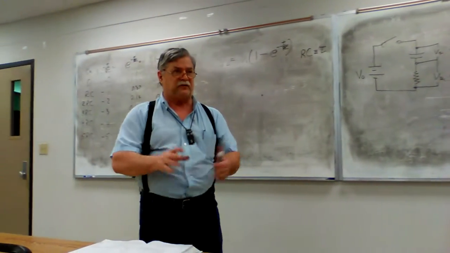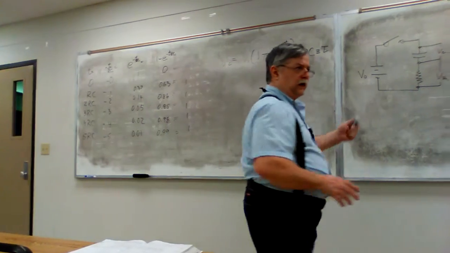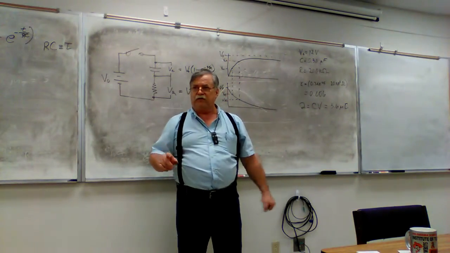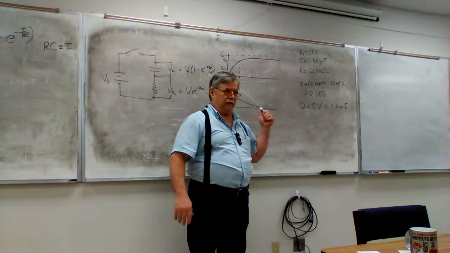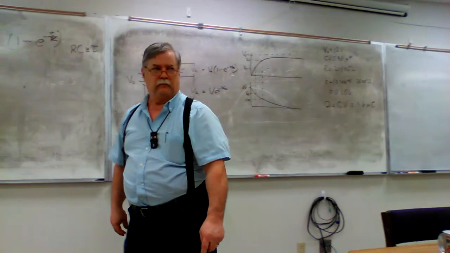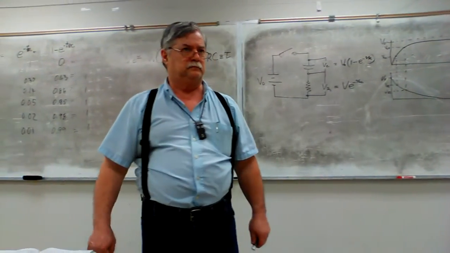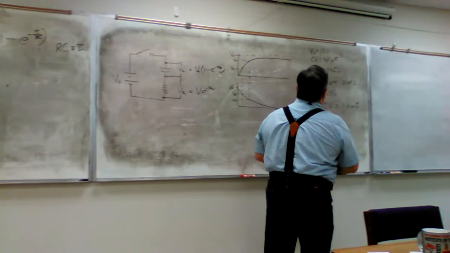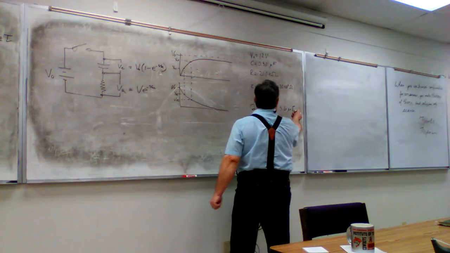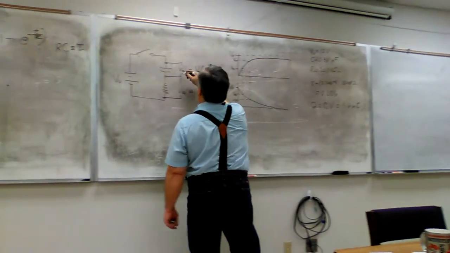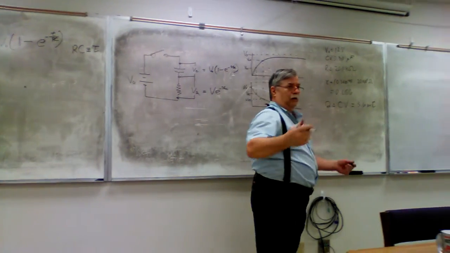Now that's the maximum charge that capacitor could possibly get in this circuit. The question is, how long would it take to get that full charge? We'd have to find t. Well, it will have 3.6 microcoulombs when the voltage across the capacitor is equal to 12 volts.